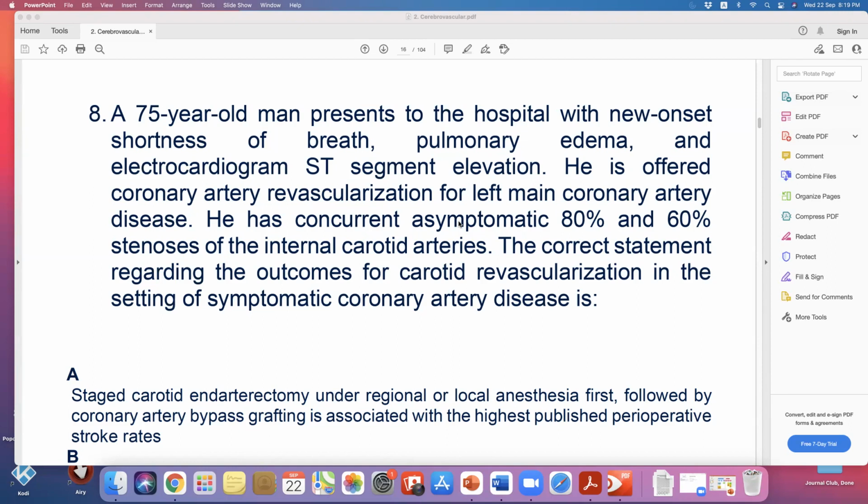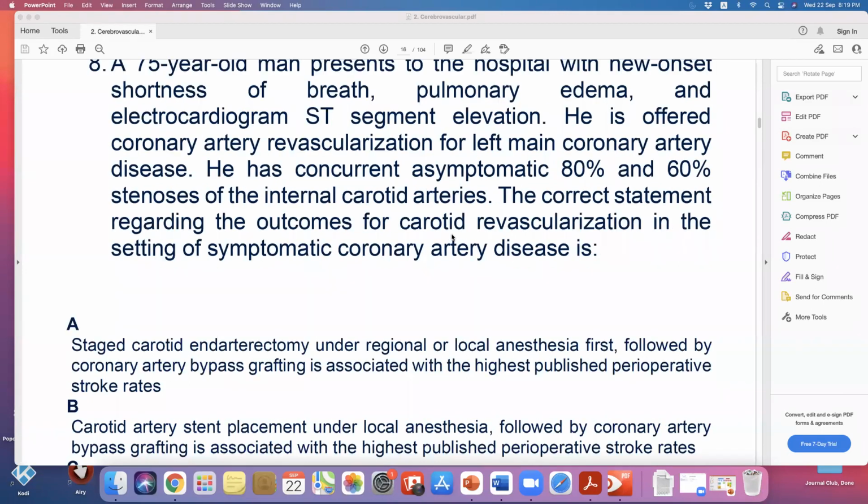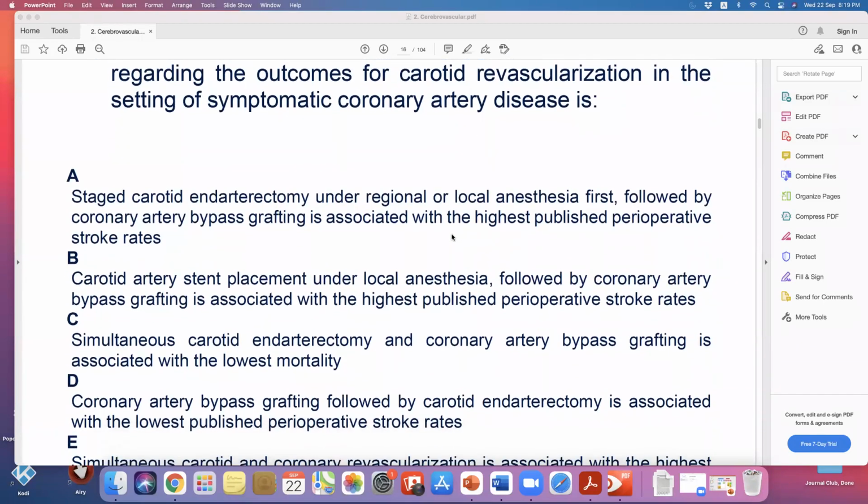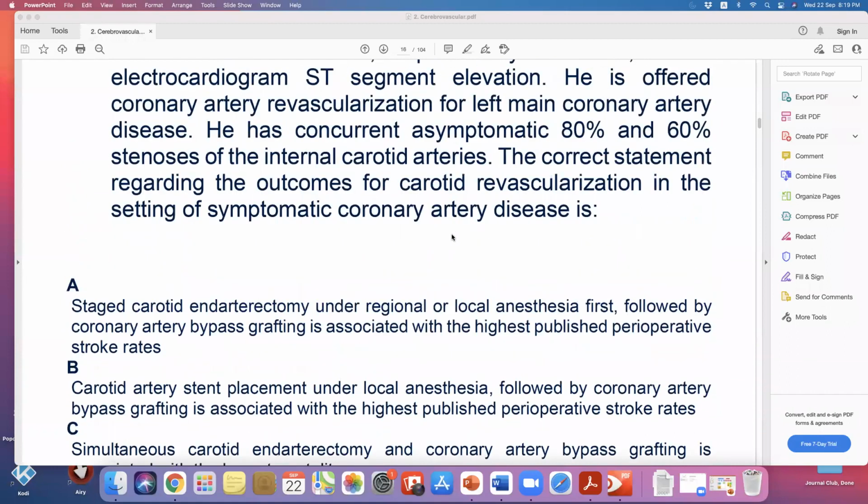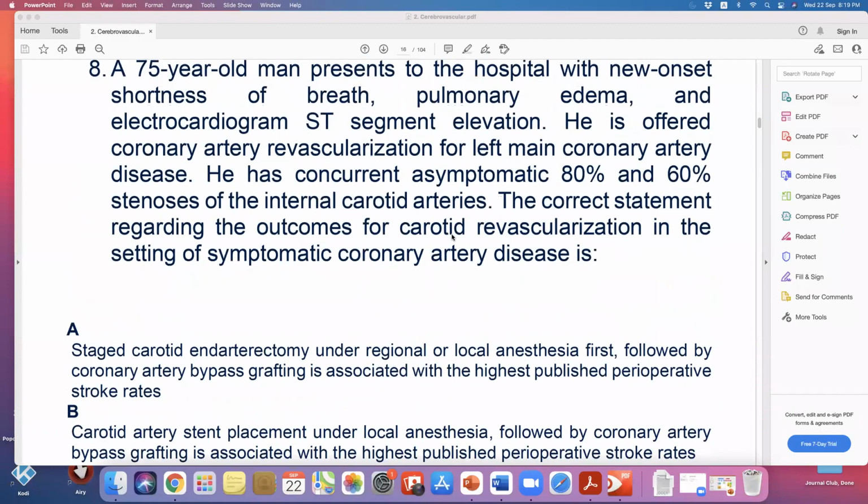I think whoever is asking this question wants to say that when you have left main disease and asymptomatic carotid stenosis with ST elevation, go to revascularization of the coronary artery, which is more important. Or you can do it in the same session if not staged.